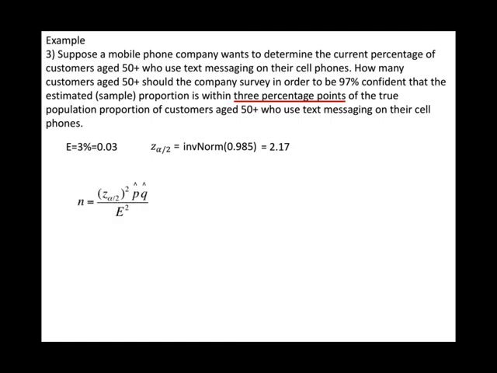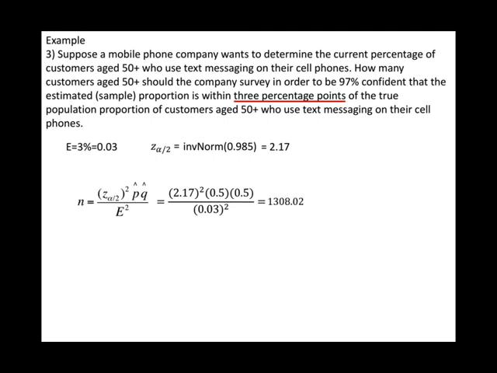And then plug into this formula. Do you know the p hat and q hat? Do they mention it? No, right? So what are you going to put for the p hat and the q hat? That will be 0.5 and 0.5. You should get this one.